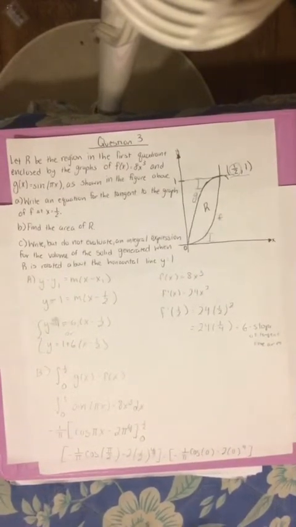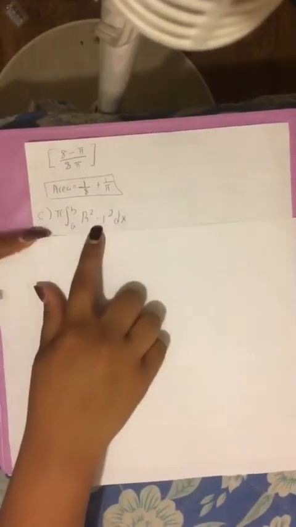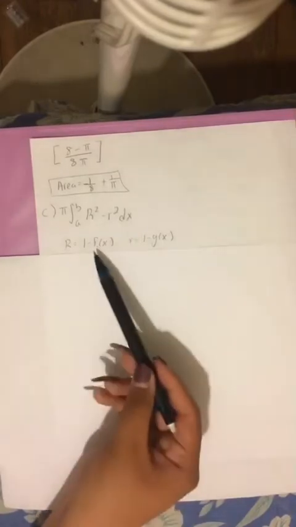We already know what little r and big R are. Big R will be 1 minus f of x, and little r will be 1 minus g of x.